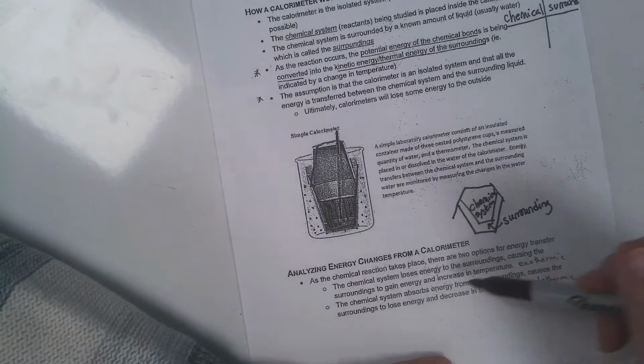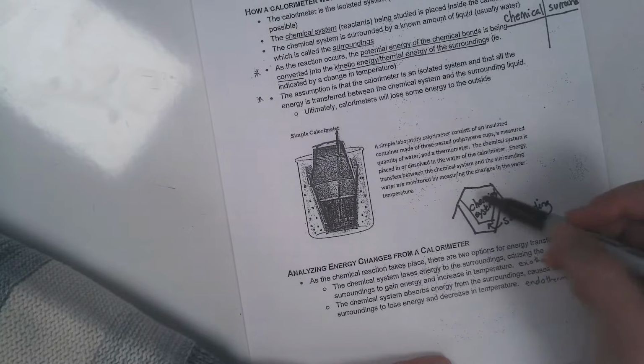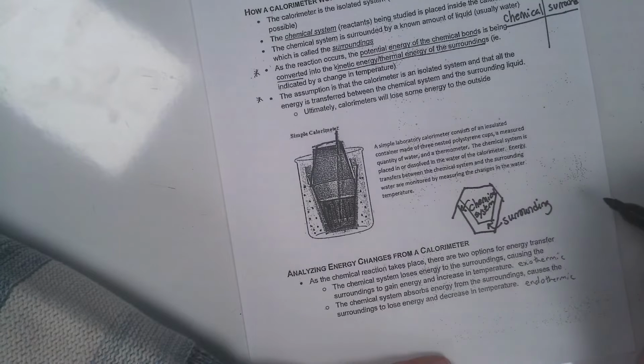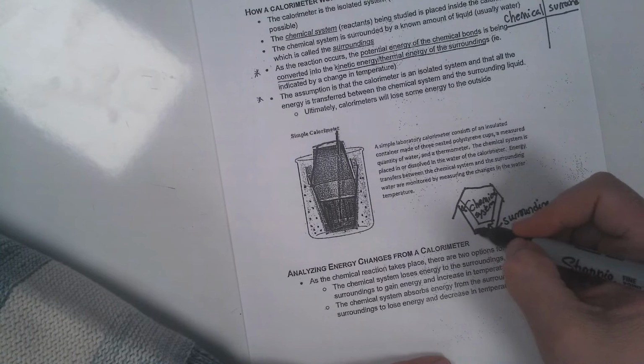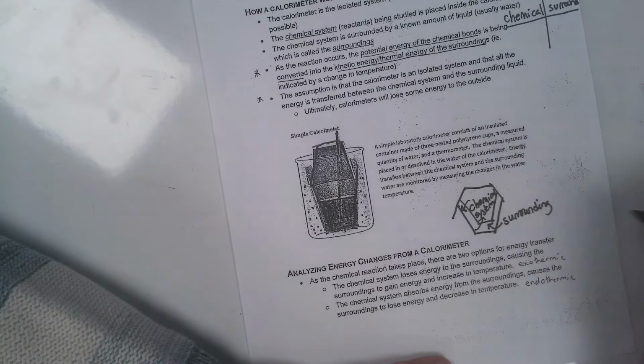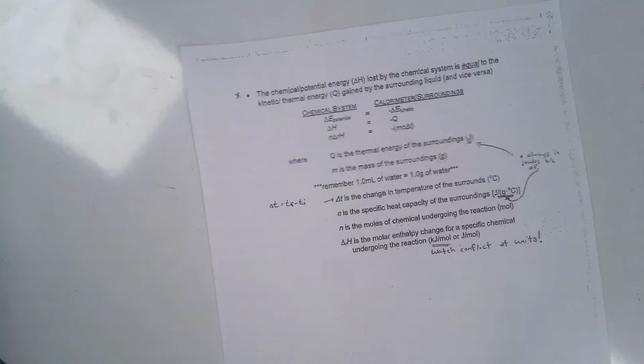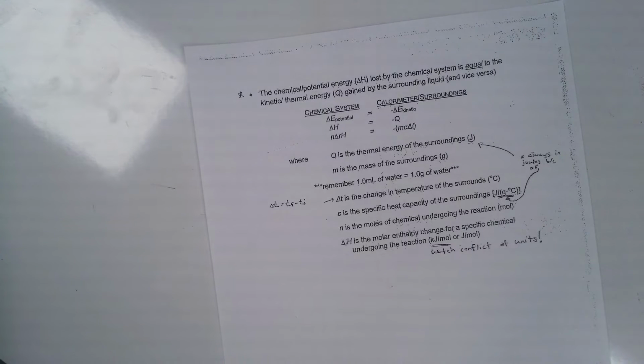Or the chemical system takes energy. So in the first one, the chemical system releases energy. And in the second one, the chemical system takes in energy, and that would be endothermic. The chemical potential lost by the chemical system is equal to the kinetic energy gained by the surrounding liquid.